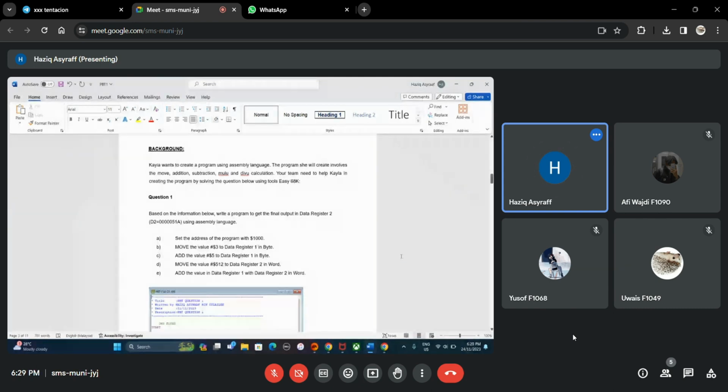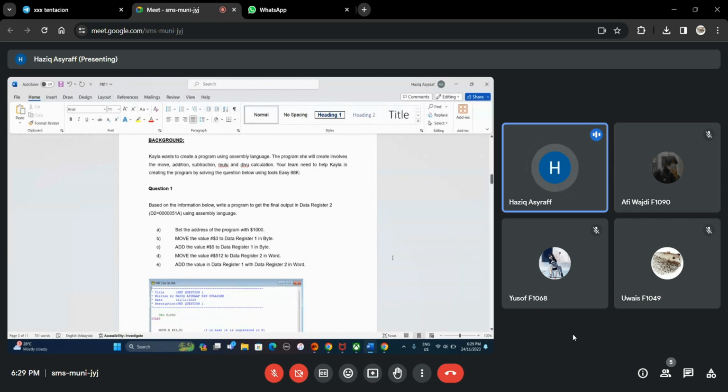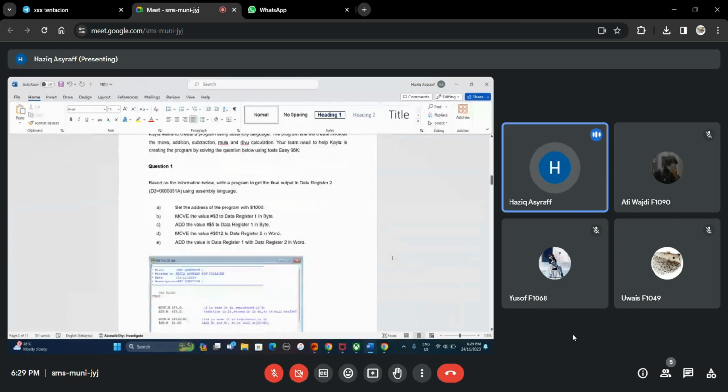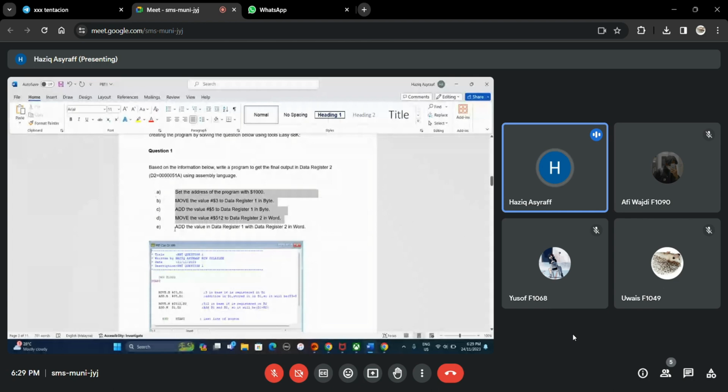Question 1. Based on the information below, write the program to get the final output in data register 2, D2 equals 000005, using assembly language. There are 5 pieces of information given. First, set the address of the program with $100.